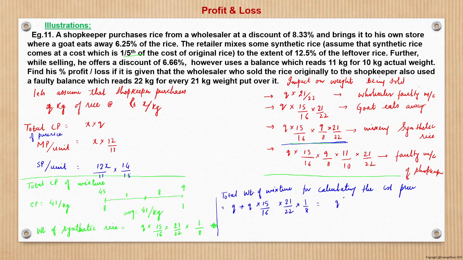So here q I will take common, this becomes 1 plus 15 by 16 into 21 by 22 into 1 by 8, right? This I solve and find out. So what is the value? That is nothing but 15 by 16 into 21 into 1 divided by 22 divided by 8 plus 1.